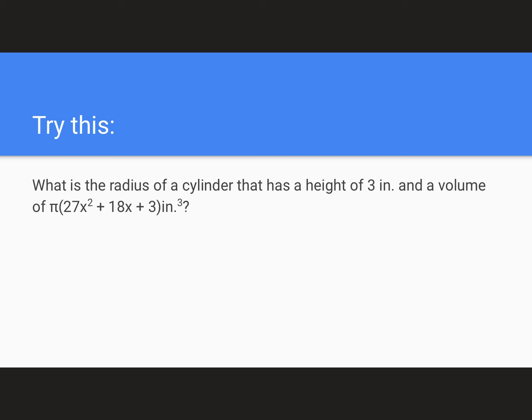Okay, so again, if the volume equals pi times (27x squared plus 18x plus 3), we can factor out the 3.